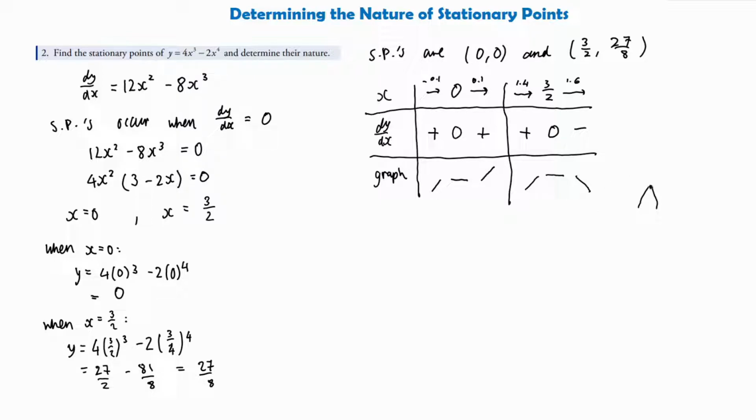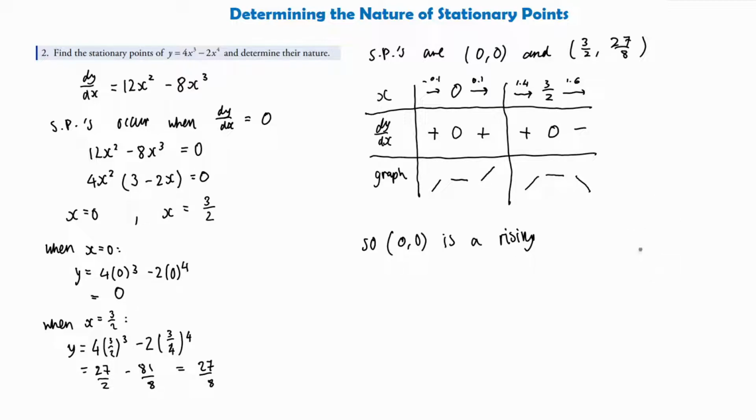So that's going to be a maximum turning point. And if you want to visualize that one there, it's going to go like that. As you can see, up, across, and up. So we would say that the stationary point 0, 0 is a rising point of inflection because it's not going like this. It's going like this.